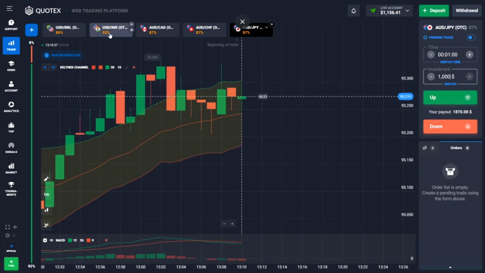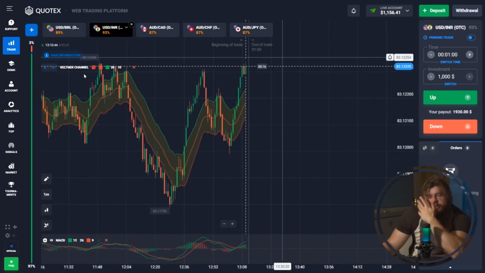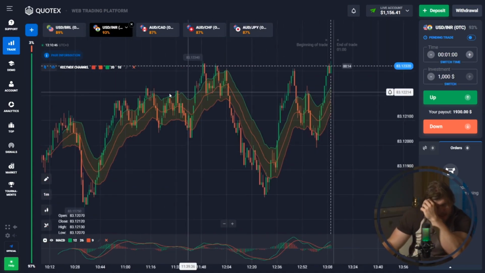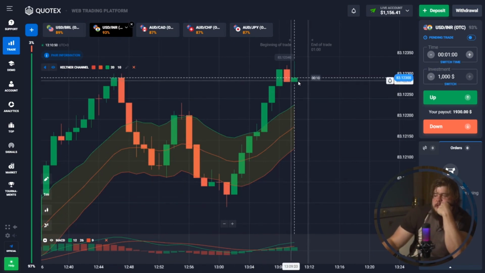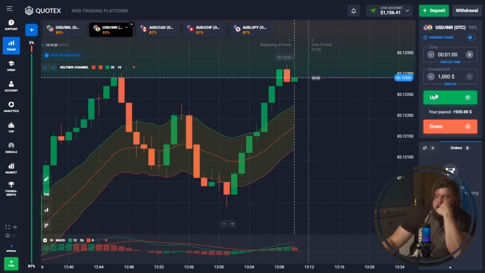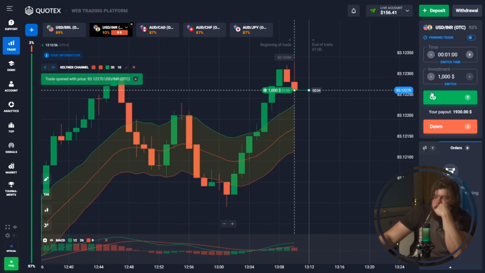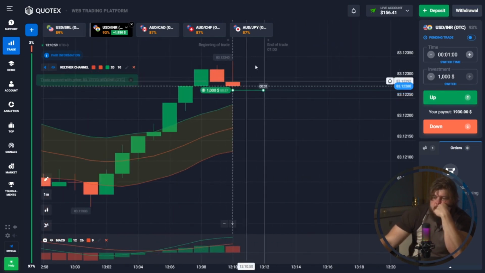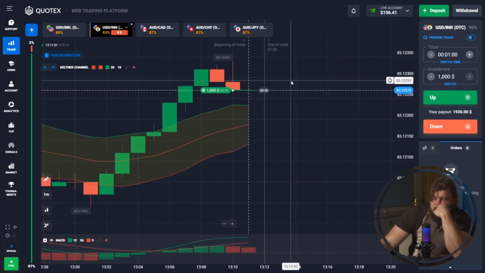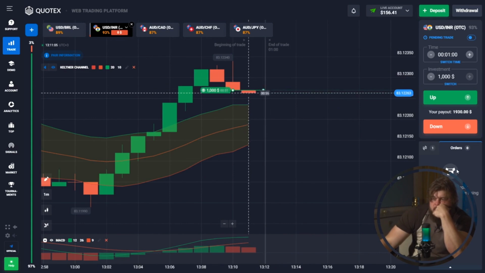Okay, so my friends, here the situation is very simple. We can see that the price is near a strong level of resistance, and the price has already hit this resistance several times.